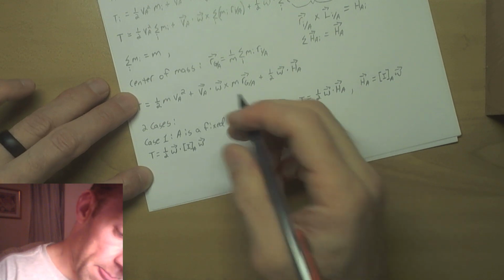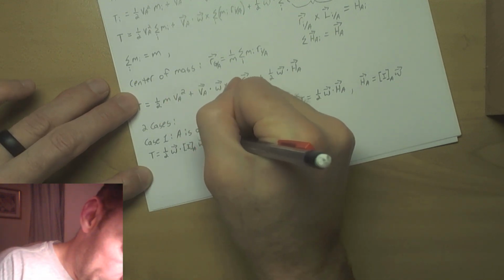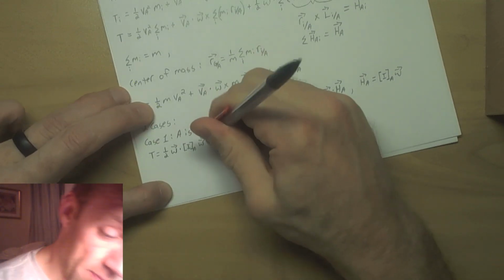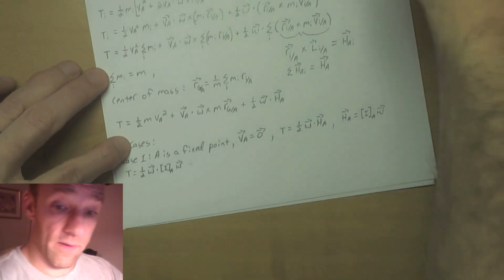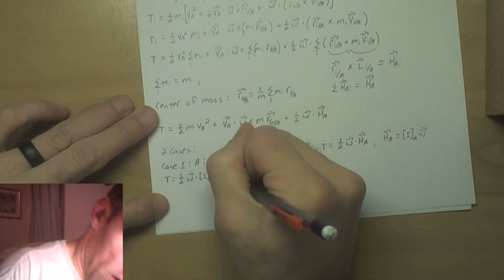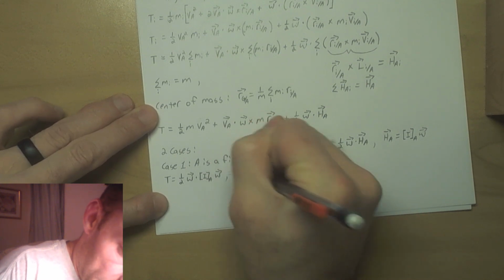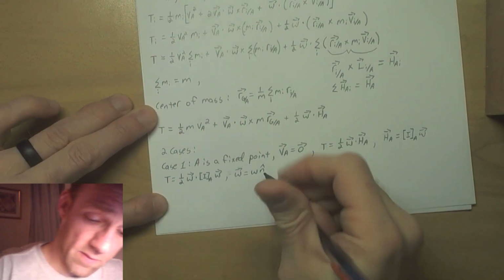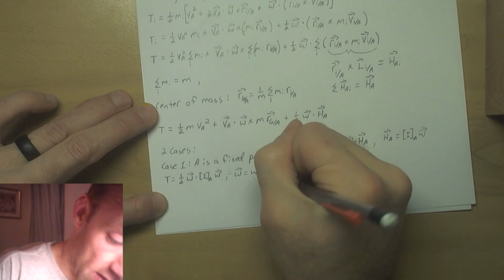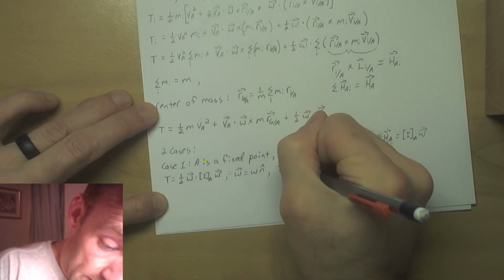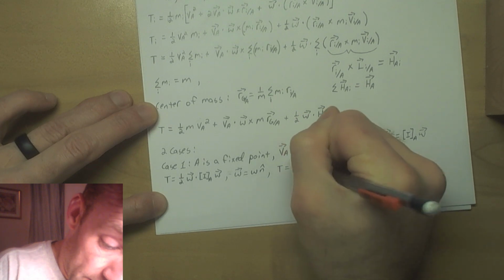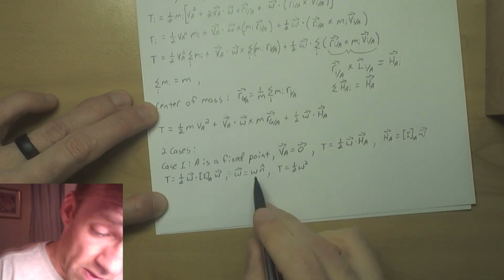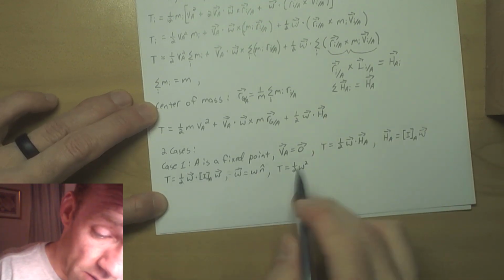If you remember, if we express omega in terms of its magnitude and its axis, I think we covered this when we did the inertia tensor, so omega equals the magnitude times the unit vector describing its axis, then T, the kinetic energy, I can bring this omega out.